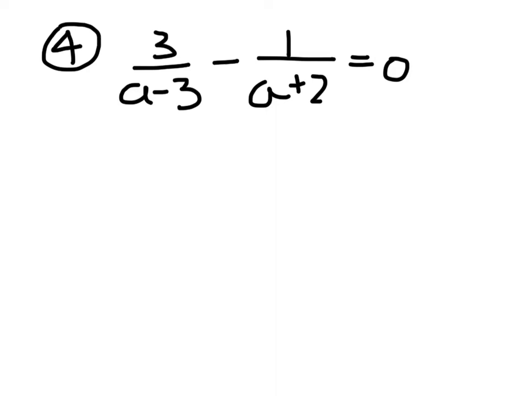When solving a fractional or rational equation, I'm looking to multiply both sides by the least common multiple of each of the denominators. So that would just be a minus 3 and a plus 2 in this case.